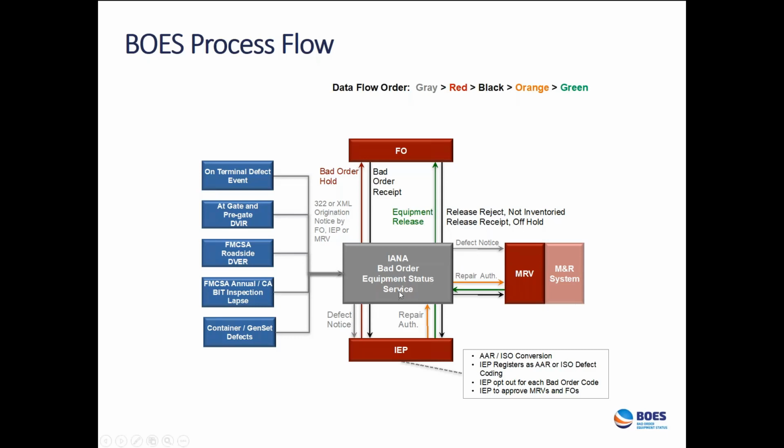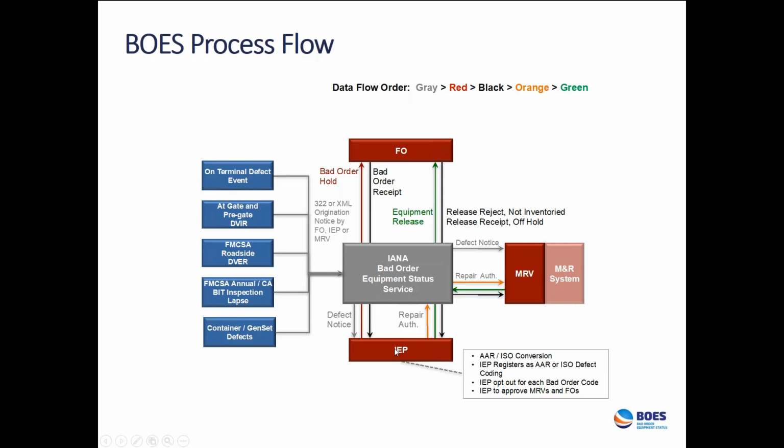It goes into the bad order equipment status database, and the IEPs that are registered within the database would designate the facility operators at the locations they call at, as well as the maintenance and repair vendors for each of those locations. So anytime a transaction would come in from one of these events, it would go into the application.